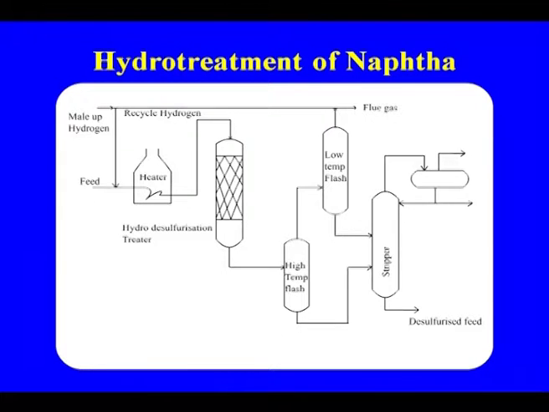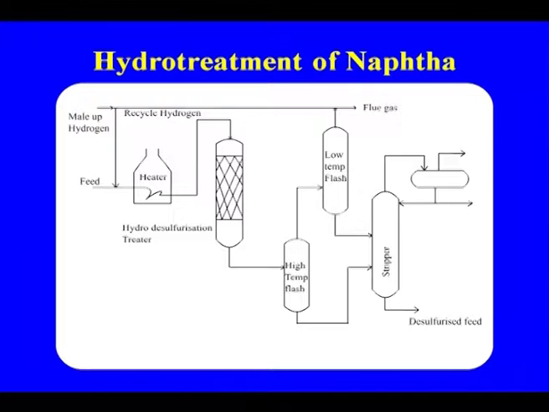Feed is going to the heater, from the heater it is going to the main reactor where the hydrodesulfurization and other reactions are taking place. We have the catalyst bed, and after that, because the temperature here is high, it is going to the high temperature flash section and the low temperature flash, and then it is going to the stripper section.